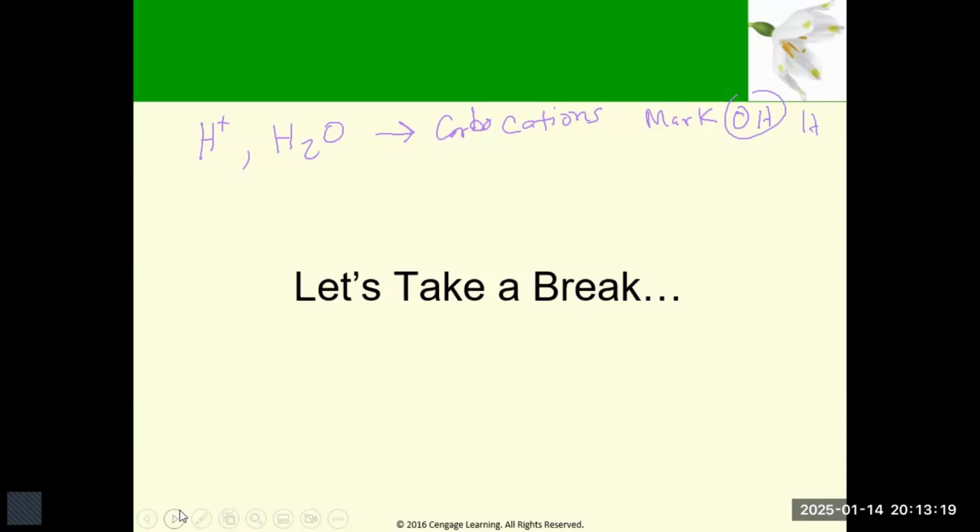Then you have oxymercuration, demercuration, abbreviated there. These have no rearrangement because they do not form carbocations, but it is Markovnikov. And again, you're adding OH and H.